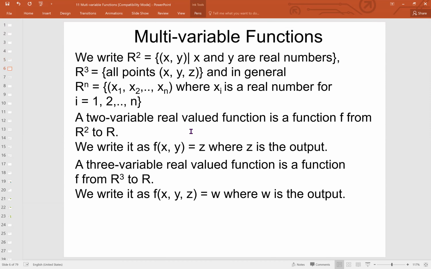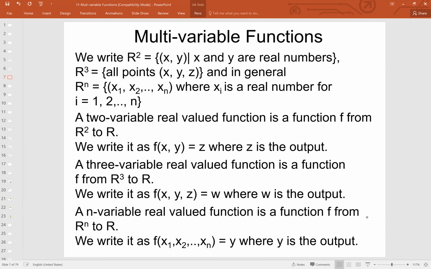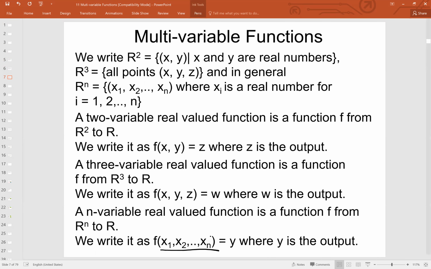Of course, a three-variable real function means you take a point in R3 into an output. In general, a real function from Rn means you take an n-variable point into some output.